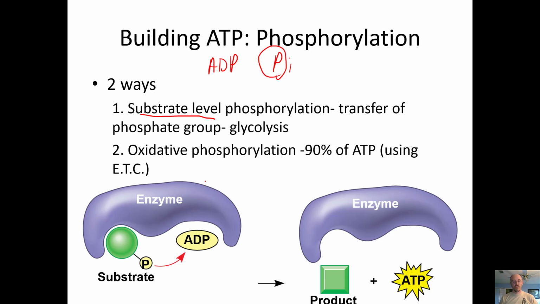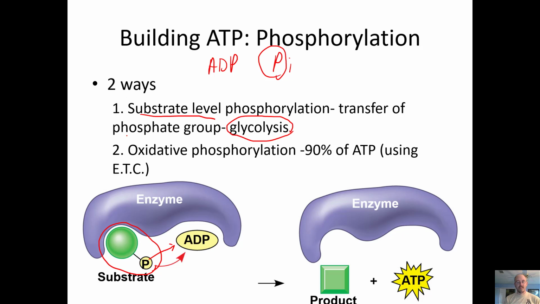That's when an enzyme is involved. An enzyme grabs hold of one molecule that already has a phosphate on it and causes that phosphate to break off and stick to ADP, making ATP. This happens in glycolysis. It also happens a little bit in the citric acid cycle, okay? But you only get a couple of ATPs this way during cellular respiration.